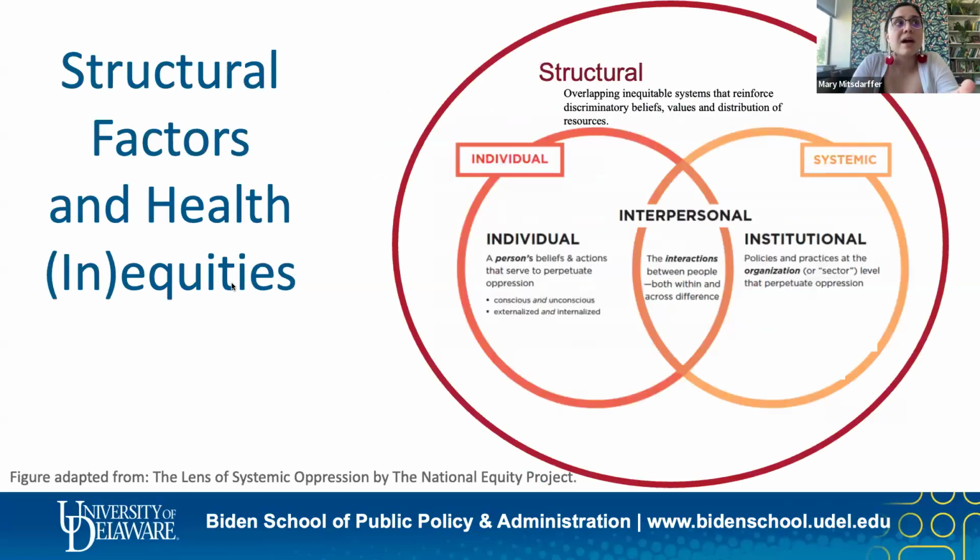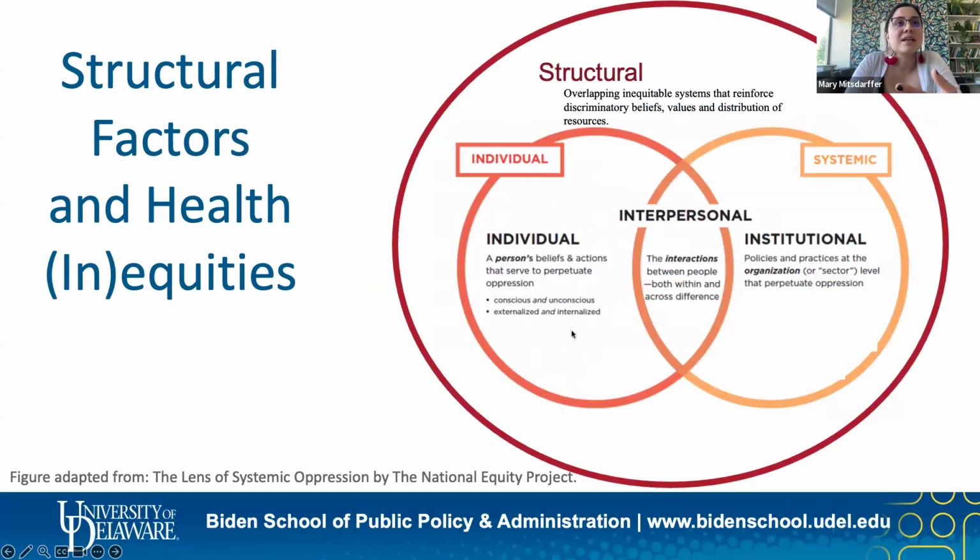So the way I think about health inequities and equities is that we are a product of our structural environment, which means that we have our individual levels, our own personal beliefs and actions that either perpetuate or advance us or perpetuate our own oppression, right?